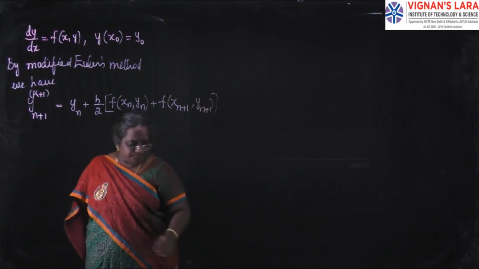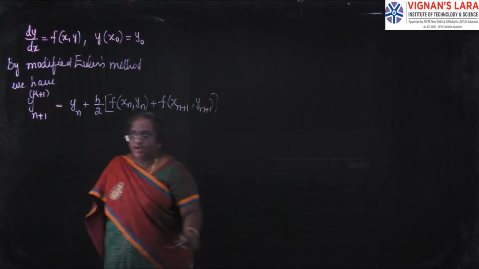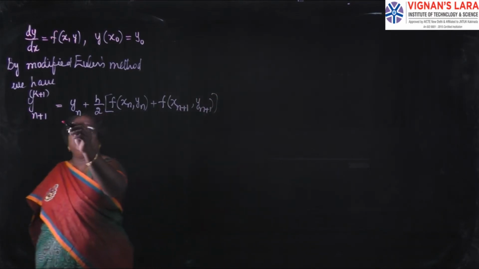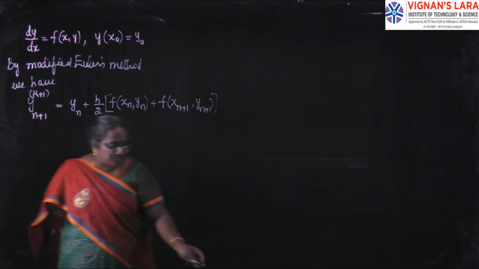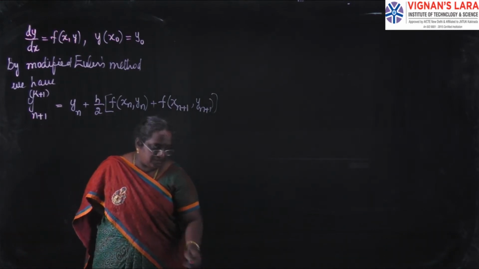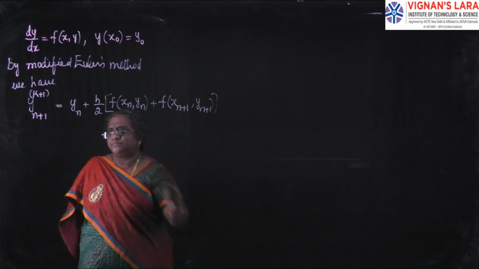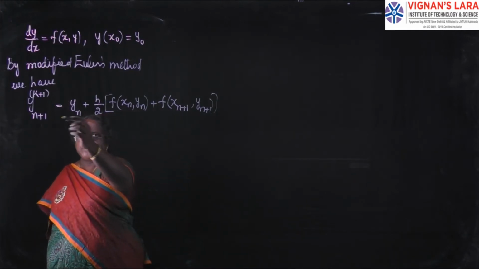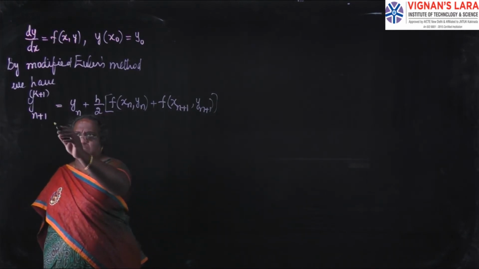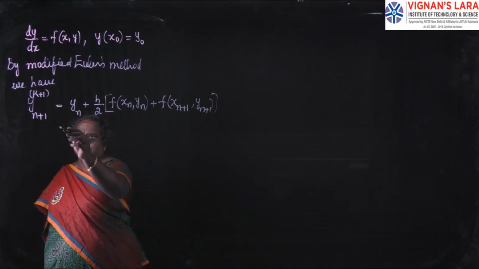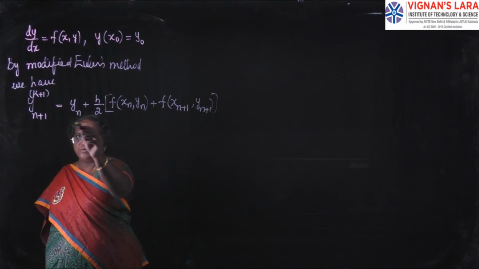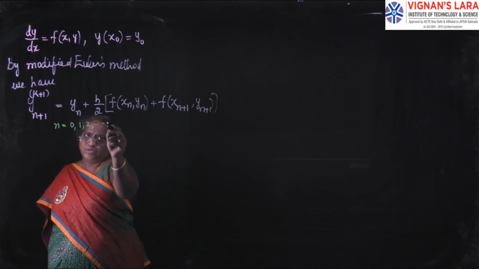So here, for the k value, we have to find the values of the first approximation, second approximation, and so on. If you take n is equal to 0, n runs from 0, 1, 2, and so on.